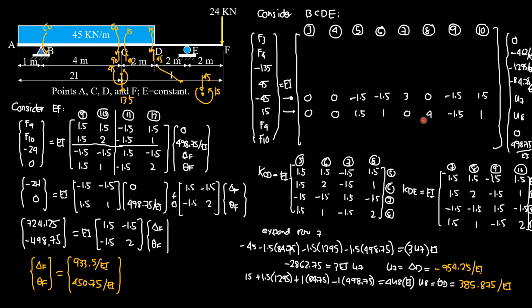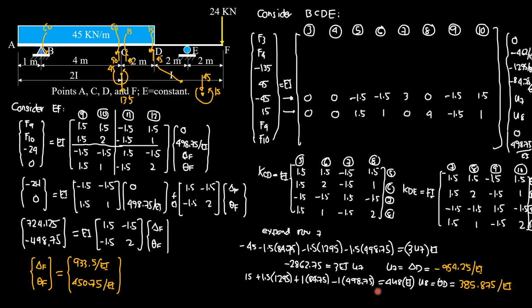Then plus 0 U7 plus 4 U8, so this is now 4 U8 on the right side. Then plus negative 1.5 times 0, so it's still 0. Then plus 1 times 498.75, positive 498.75, transposed to the left, so minus 1 times 498.75. Then equate to 4 U8 EI.